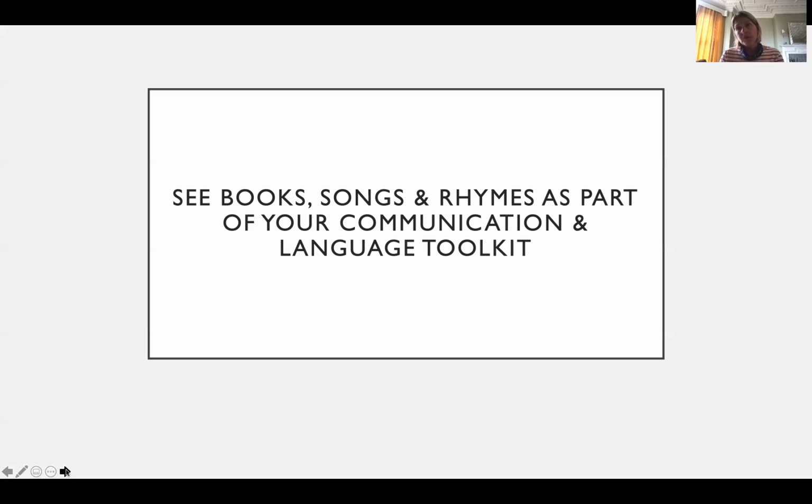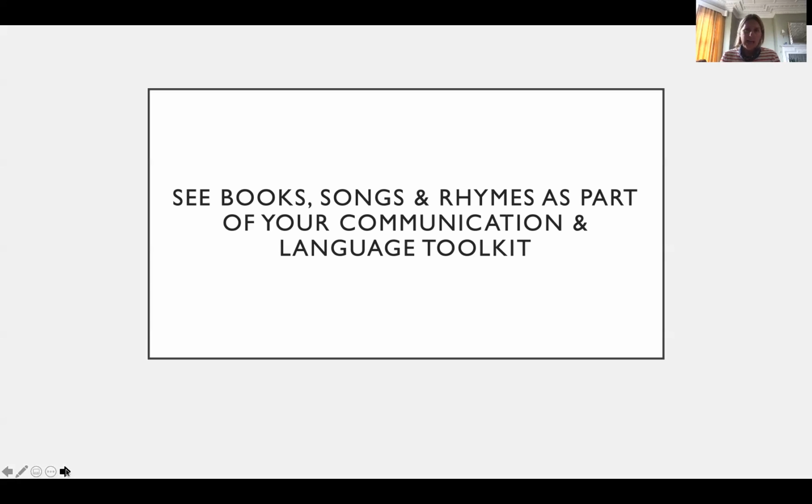When we're thinking about using books for communication, of course, books are a vehicle for building language and stories, but actually, I've got to get an interaction going with this book first. My go-to would always be to make sure that I have lots of touchy-feely books, and probably the ones that everybody knows are the Usborne collection of That's Not My Car, or That's Not My Dolly, or That's Not My Monster, where we've got lots of different textures and sheens within that book.